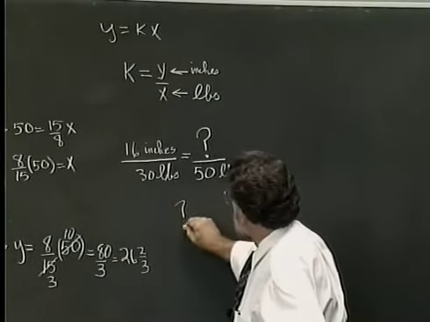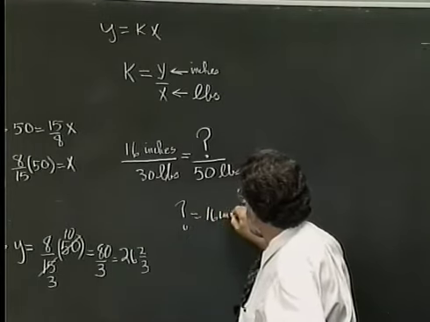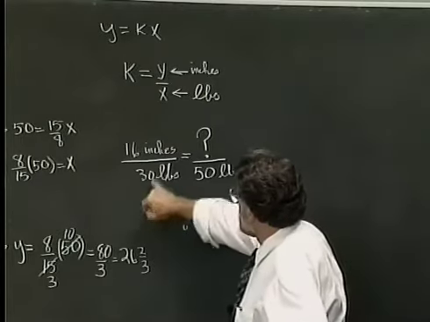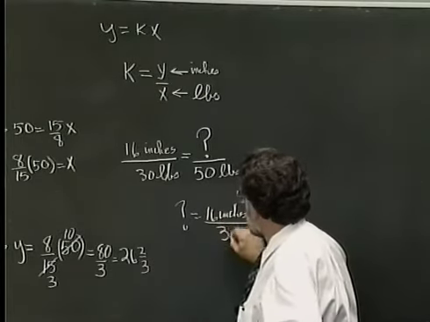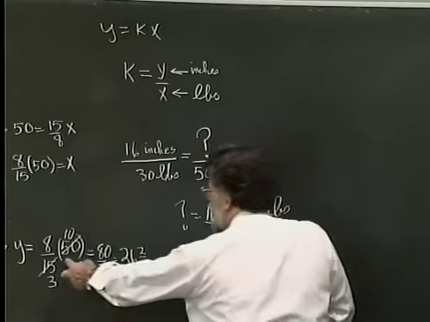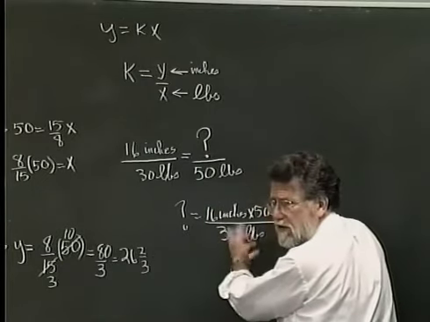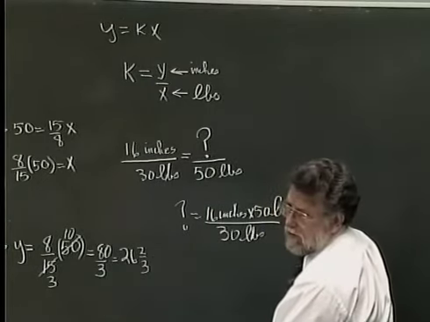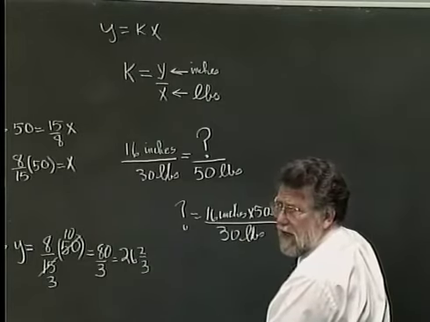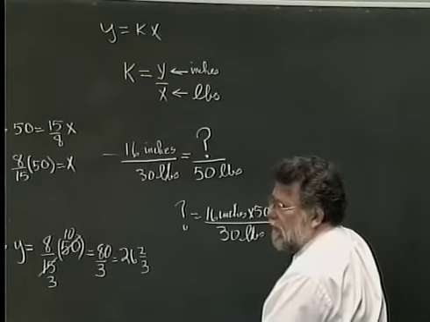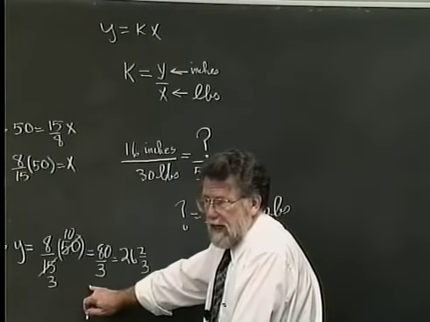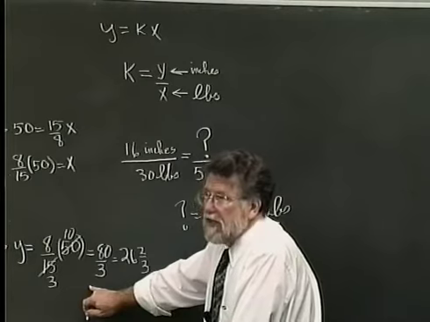So the question mark is going to be 16 inches times the 50 pounds, because we're cross-multiplying. And that's 30 times this, so I divide by 30. And you'll note that what we can see right here and right here in reducing becomes exactly the same solution. So there is certainly two distinctly different ways of doing this problem. From a practical point of view, this technique here, y equals kx, find k, plug in x, get y.